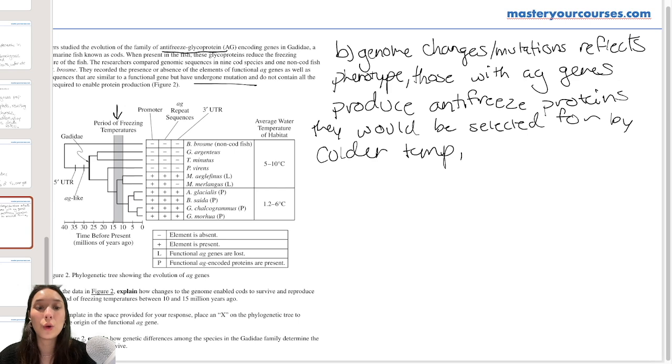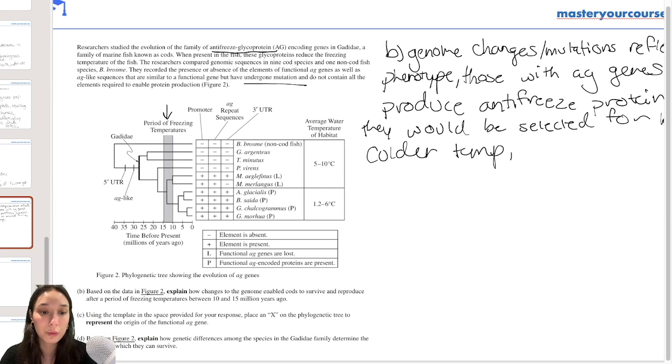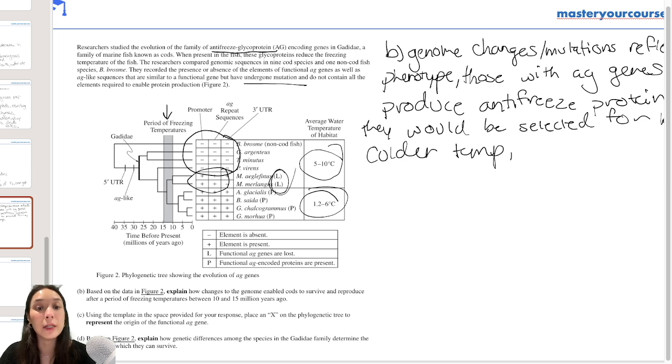And then you would also probably have to indicate that it would be vice versa. So reproduce after, explain how the changes to the genome enable cod to survive and reproduce after a period of freezing temperatures. Okay, so actually you wouldn't, because they're really just referring to the ones that survived after this. These ones over here did not have the antifreeze proteins, you can see, because these ones are missing all of the elements of the gene, and then these ones mutated to be non-functional.